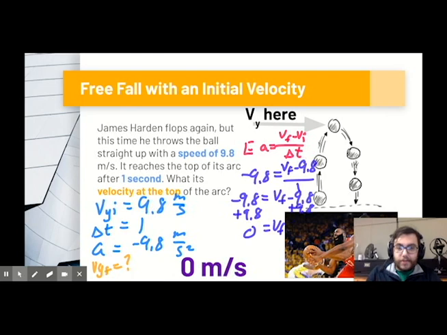So if you've ever thrown something up in the air, you'll notice it kind of hangs in the air before it comes back down. At the very peak of that motion, the velocity will always be equal to 0 because it is transitioning from going up to going down.